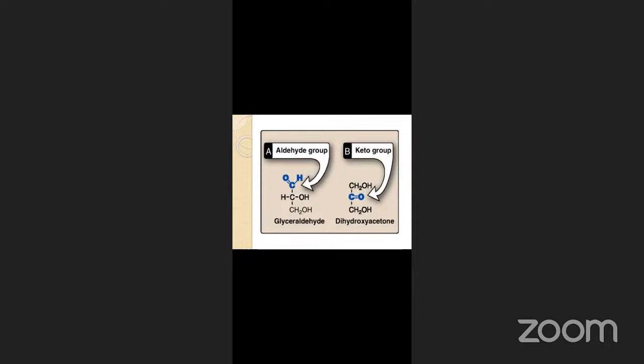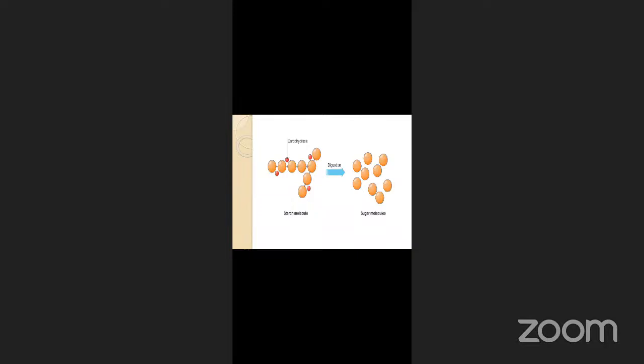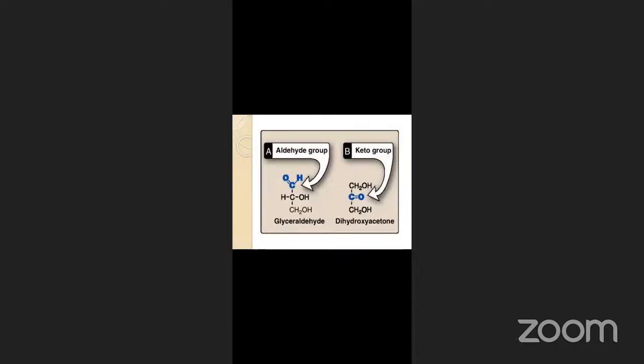The only difference here is the aldehyde and keto functional groups. These are the basic units, the simple carbohydrates: dihydroxyacetone and glyceraldehyde. Dihydroxyacetone is a 3 carbon keto carbohydrate, whereas glyceraldehyde is the 3 carbon aldehyde group containing carbohydrate.